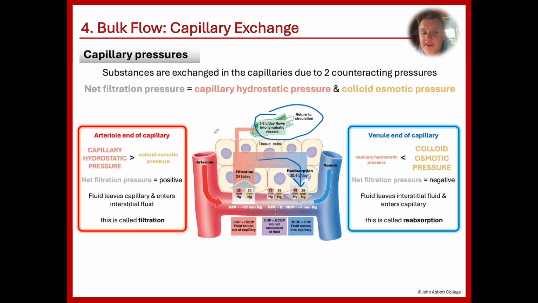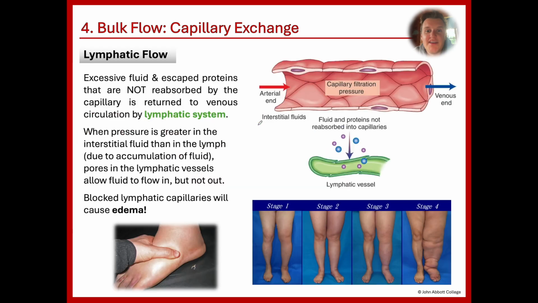So it's very interesting because these lymphatic vessels, right? They are like the drainage system. When pressure is greater in the interstitial fluid than in the lymph, right? The substance in here is not blood, it's called lymph.